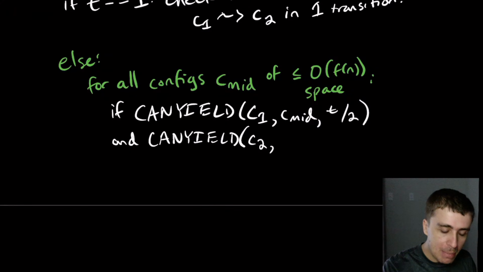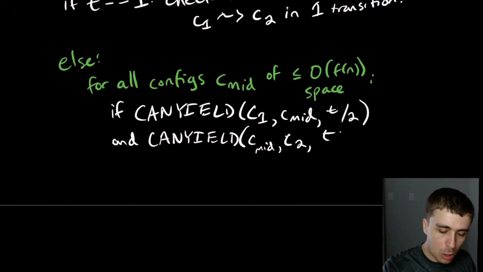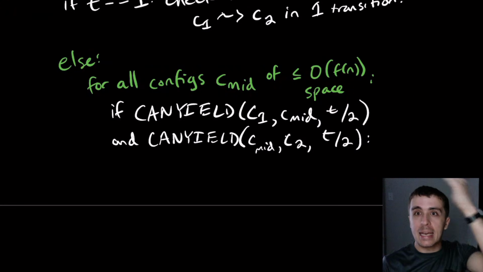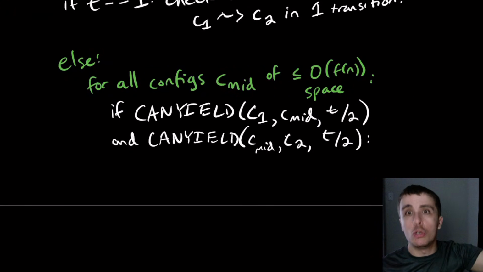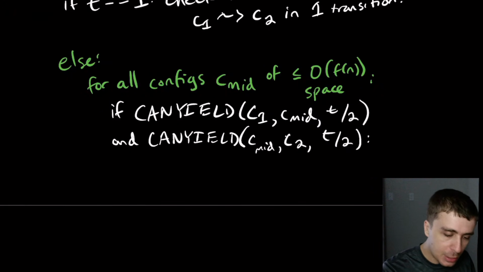So in the same number of transitions, oops, I have it backwards. So from C mid up to C2 and also T/2 transitions, then clearly I can get from C1 to C2 in T transitions or less. And so therefore I should return true.